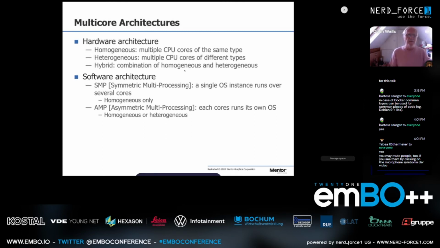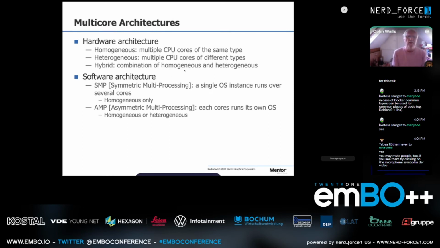From the hardware perspective, we can have a homogeneous multi-core. This is where we have multiple CPU cores, but they're all the same. Or we can have heterogeneous multi-core, where there are multiple CPUs, but they're all different. And there is a sort of middle ground, a hybrid, where you've got lots of different CPUs, but maybe a number which are similar to one another.